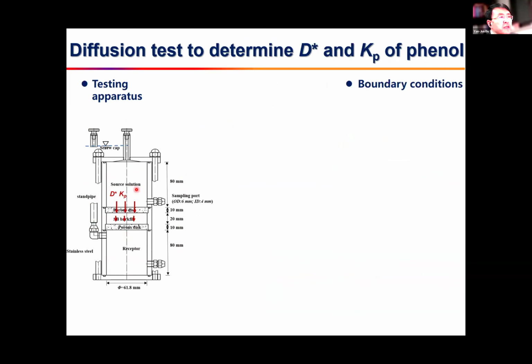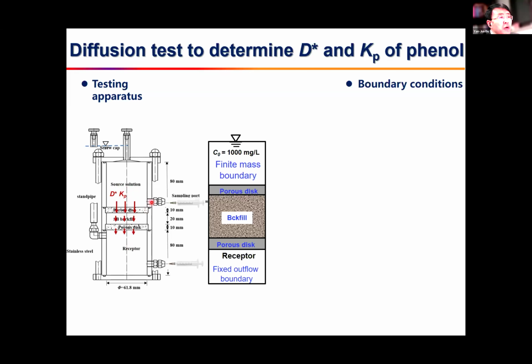So due to the concentration difference, the phenol will migrate from the source solution to the receptor driven by the diffusion process. We measure the source solution periodically, and also the concentration in the receptor periodically.